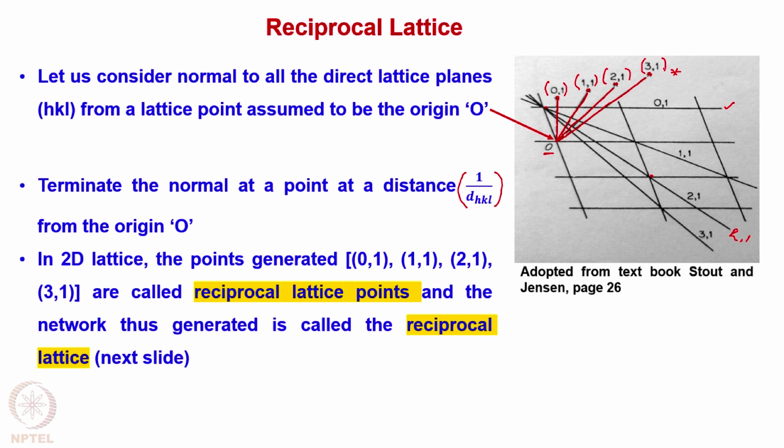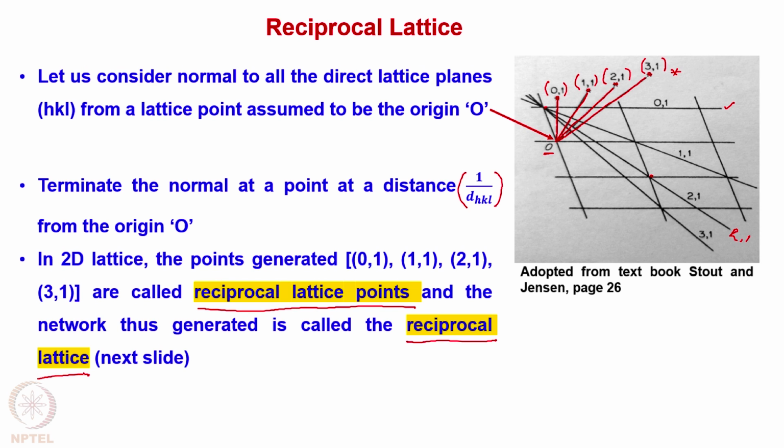So the crystallographic planes containing scatterers, atoms, are now considered to be imaginary points in space, and these imaginary points are called reciprocal lattice points, and the network that can be generated using those points is called the reciprocal lattice.